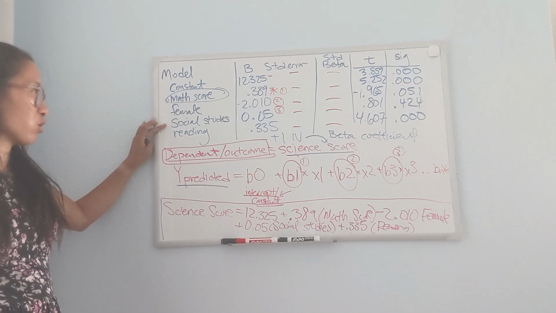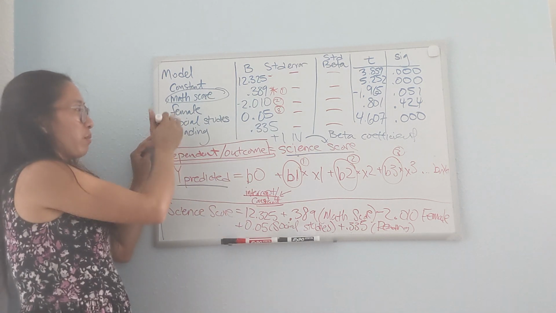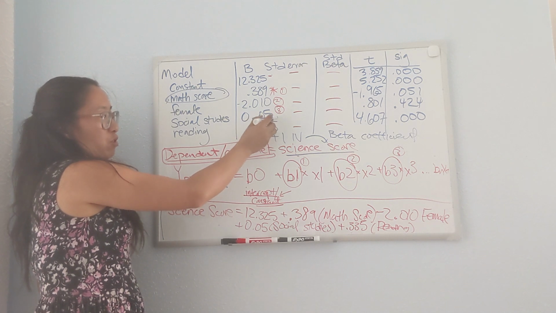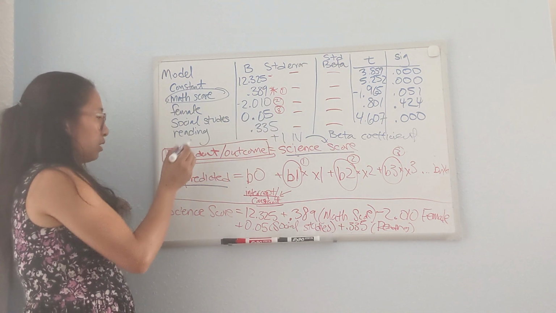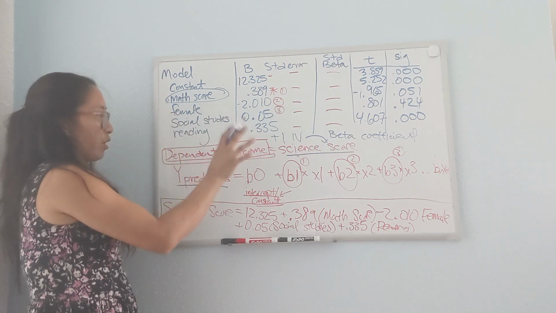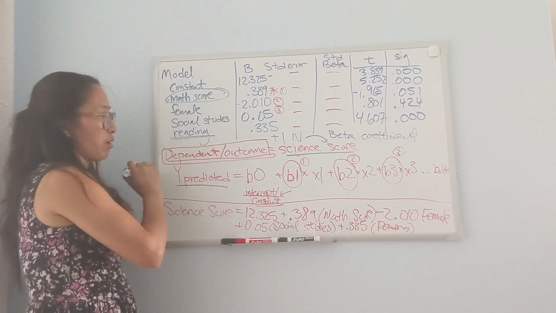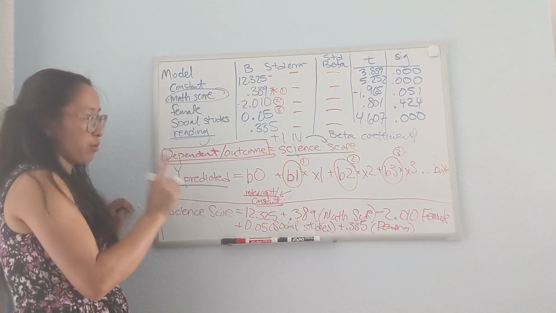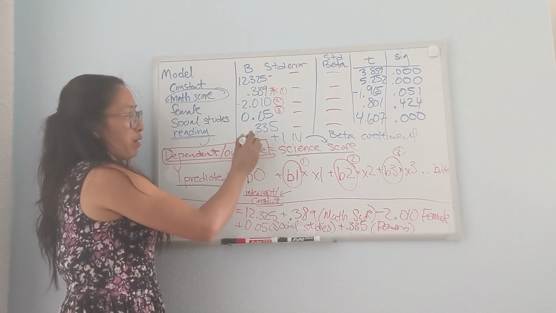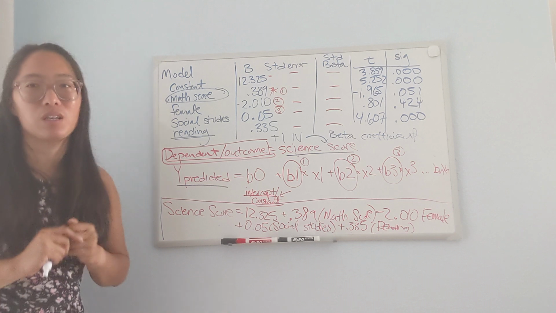Then if you increase social studies by plus 1, holding all other variables constant, the science score will increase by 0.05. And again, our dependent variable. Then if you increase reading by 1 point, you'll increase the science score by 0.335. Okay, so that's how the beta coefficients work.